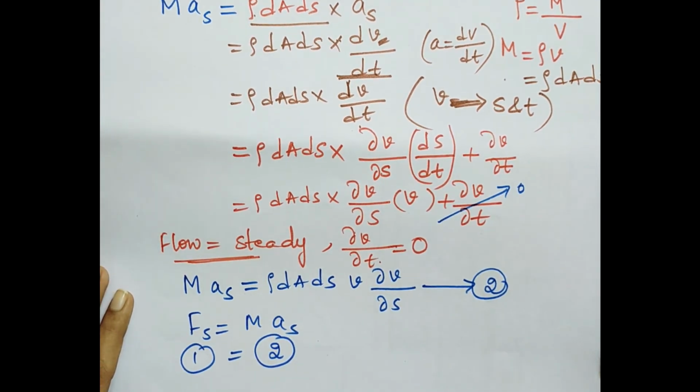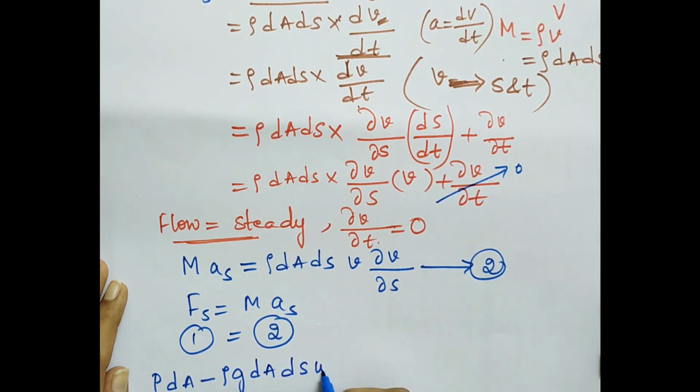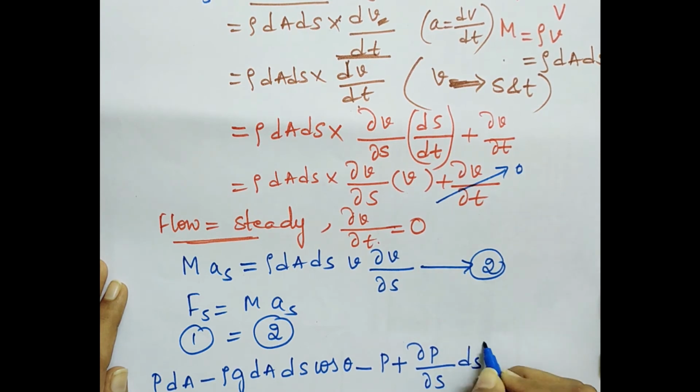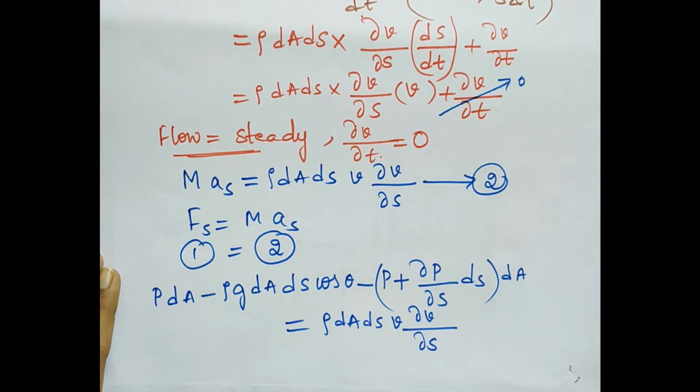Equation 1 is P into dA minus rho g dA ds cos theta minus P plus dou P by dou s ds into dA, which is equal to rho into dA ds v into dou v divided by dou s.